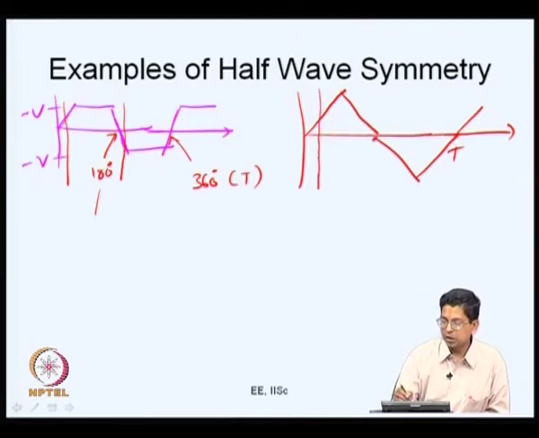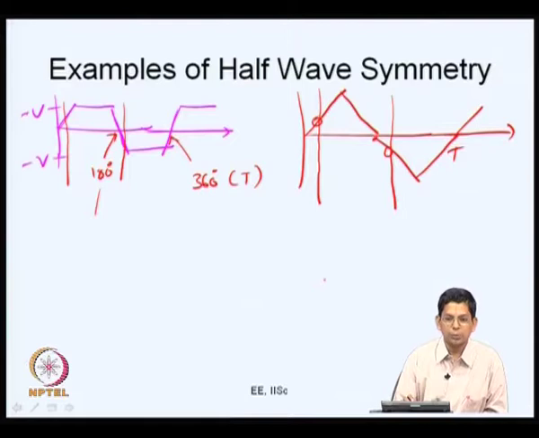Here also, if I consider another instant which is 180 degrees away, the values are equal in magnitude but opposite in sign, one is the negative of the other. If I go another 180 degrees later, I will have the same thing, the value will be the same, just the sign keeps changing. This is what we have as half wave symmetry. You can construct certain other examples also, which we will revisit.